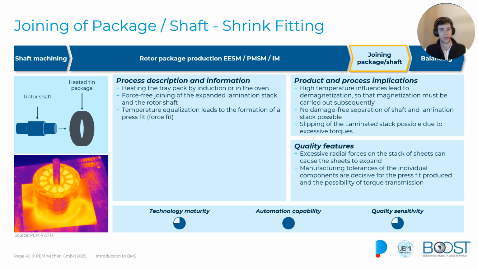The shaft is then inserted into the expanded bore. As the rotor cools, it contracts around the shaft, creating a secure and precise mechanical bond that ensures strong alignment and stability during the operation.